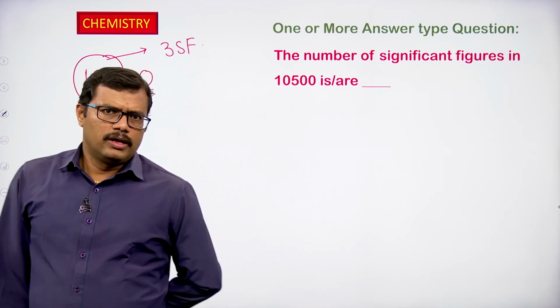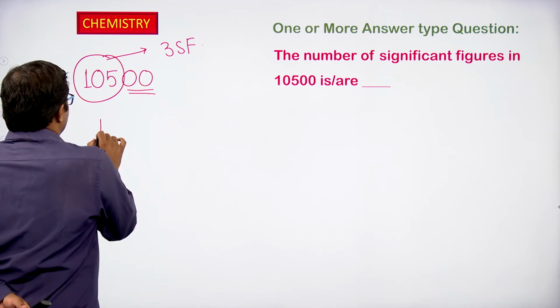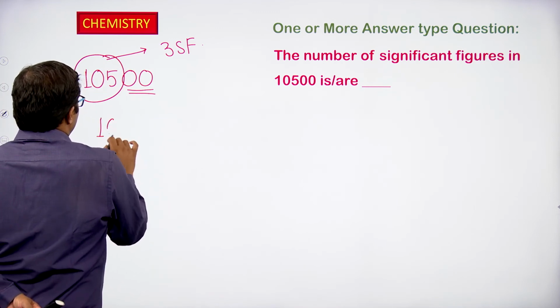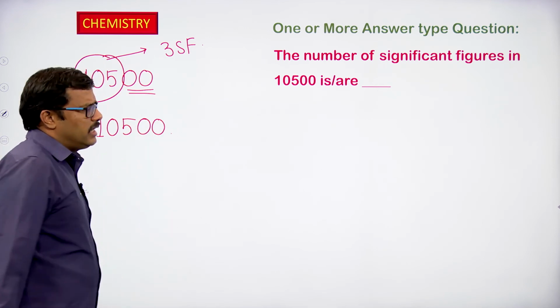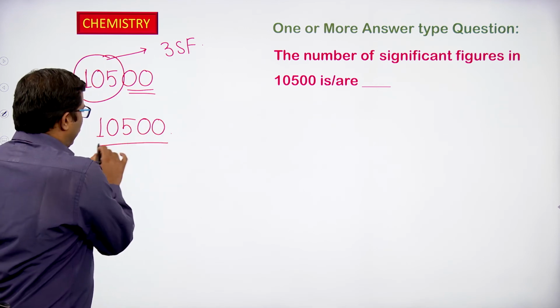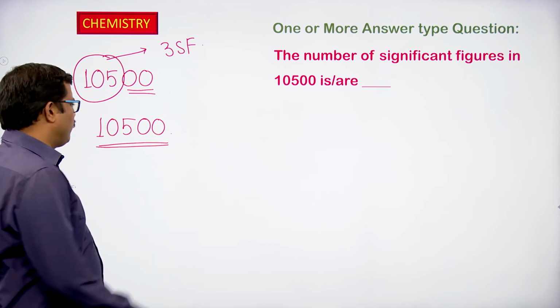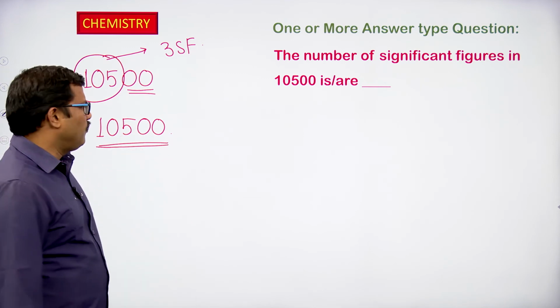Or even we can write it as 10500, if I keep a dot outside, automatically all the 5 digits become significant figures.